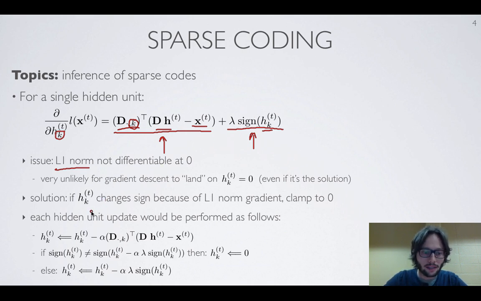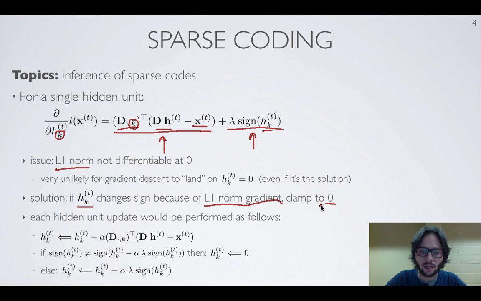But if the value of a hidden unit changes sign only because the L1 norm gradient is pushing it towards zero, and because of the step size or learning rate we've been using it has gone past zero, so it changes sign, then we'll clamp the hidden unit to exactly zero.